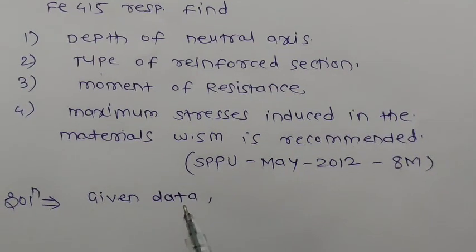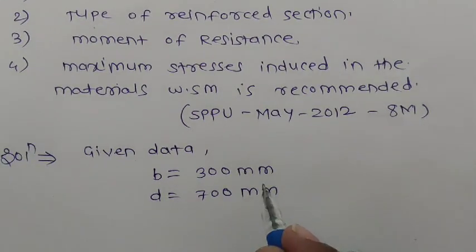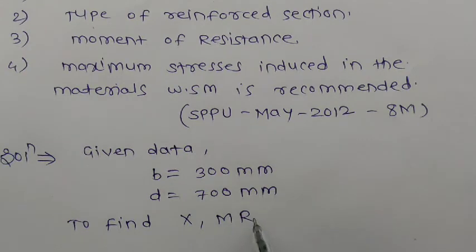Width B is equal to 300 mm, depth is equal to 700 mm. To find X, moment of resistance and sigma CBC.